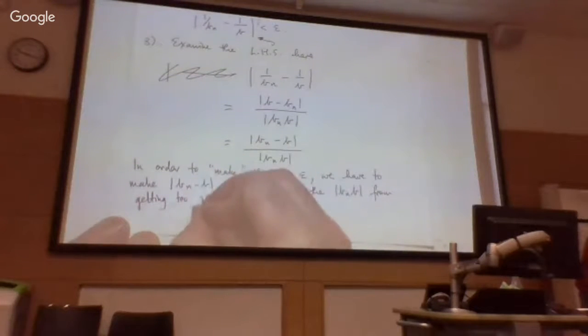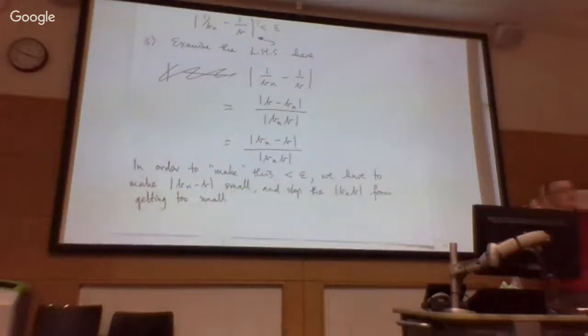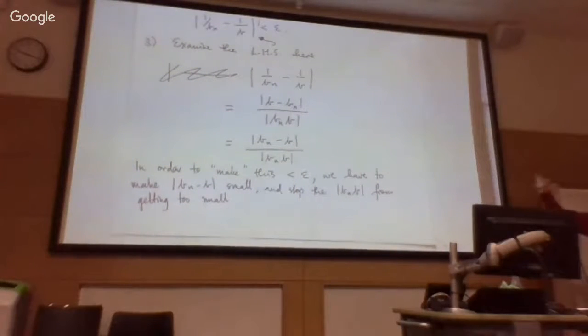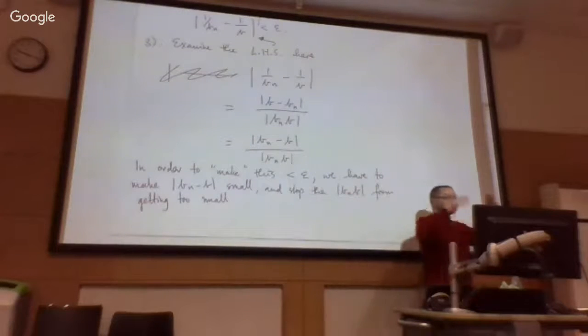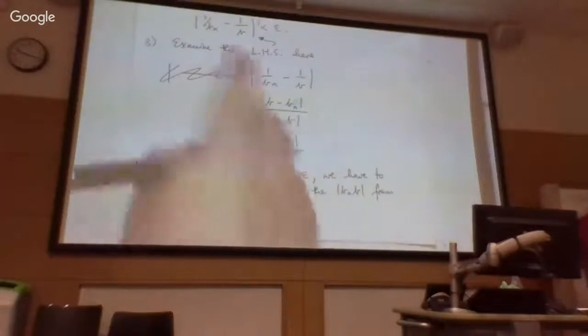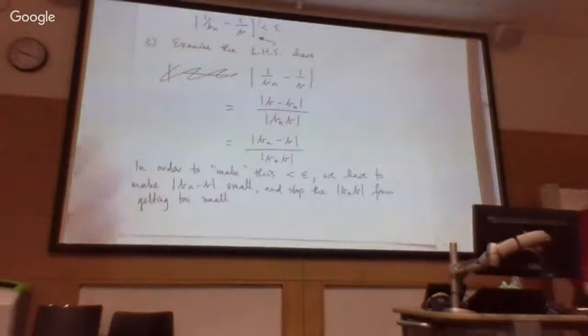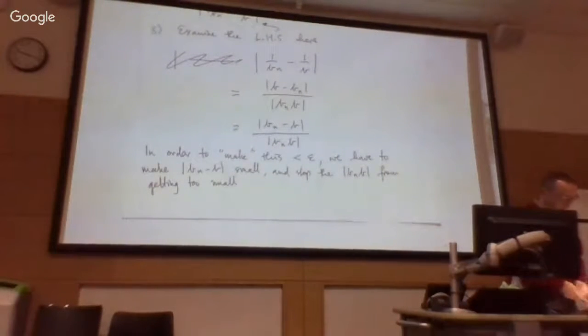Because if that denominator gets very, very small, it's going to cause the fraction to get very, very large. Even if we've already made the top small, if the bottom can get very, very much smaller still, that will still produce a huge quantity, so it will not be less than epsilon.